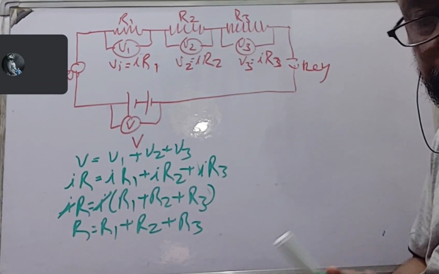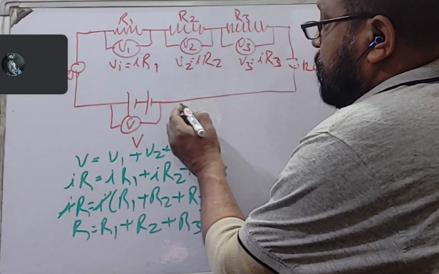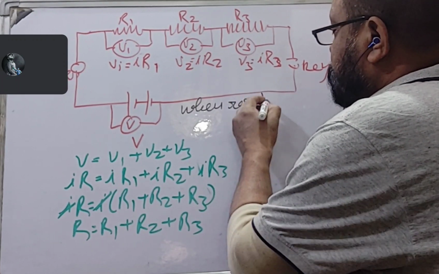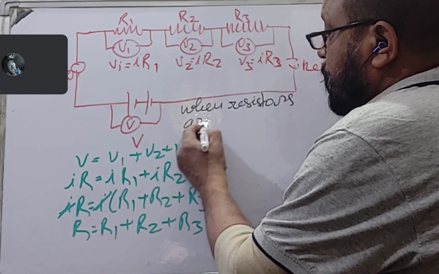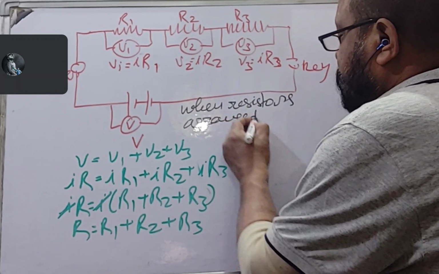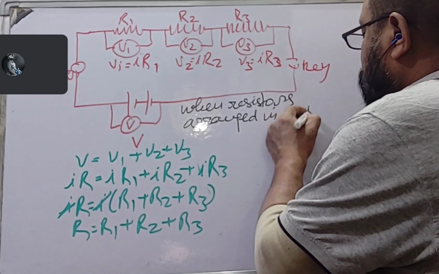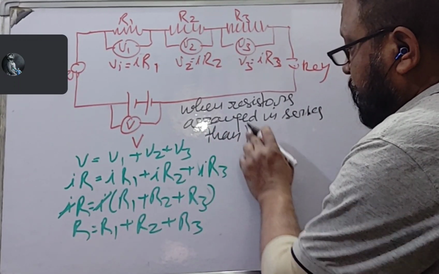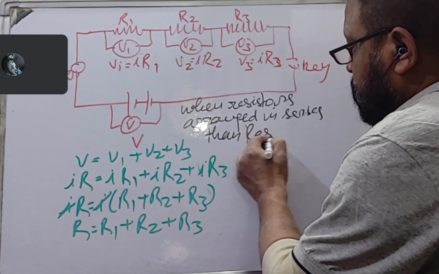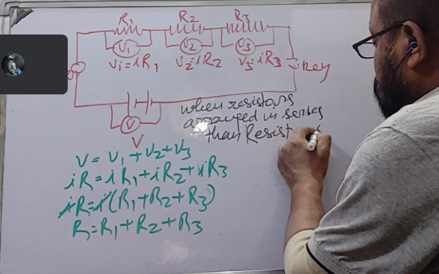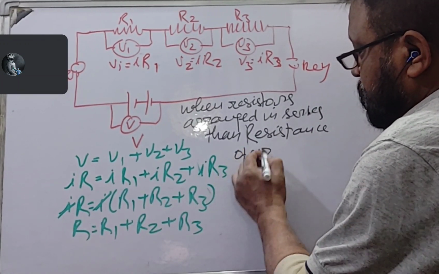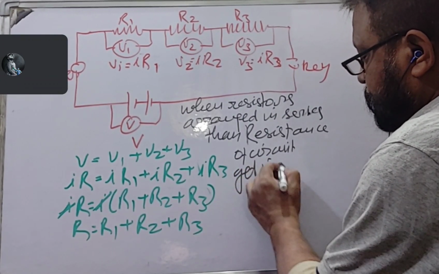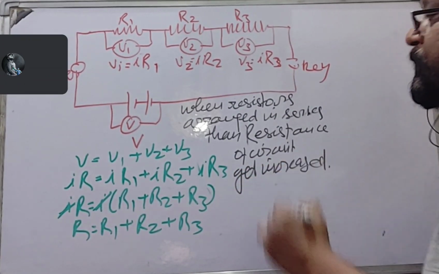So this is when resistors are arranged in series, then the resistance of the circuit gets increased, right?